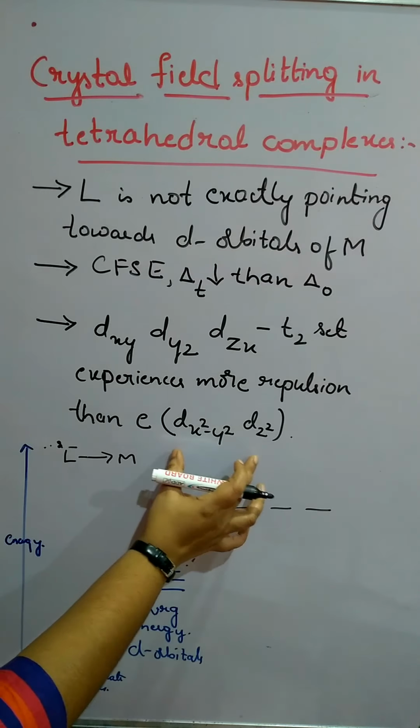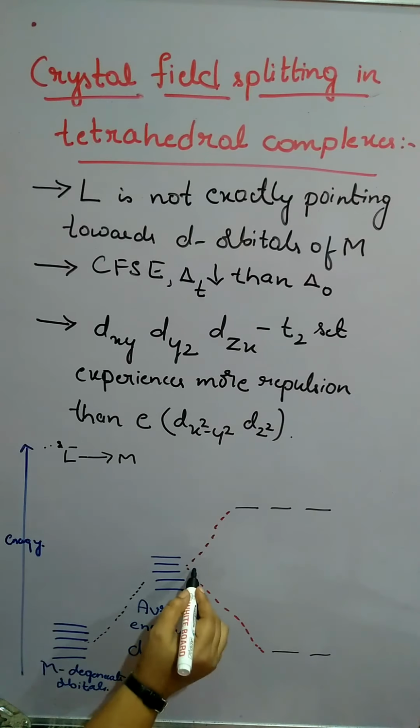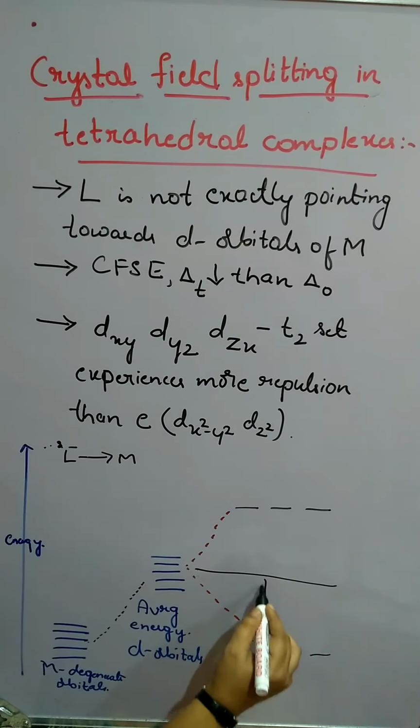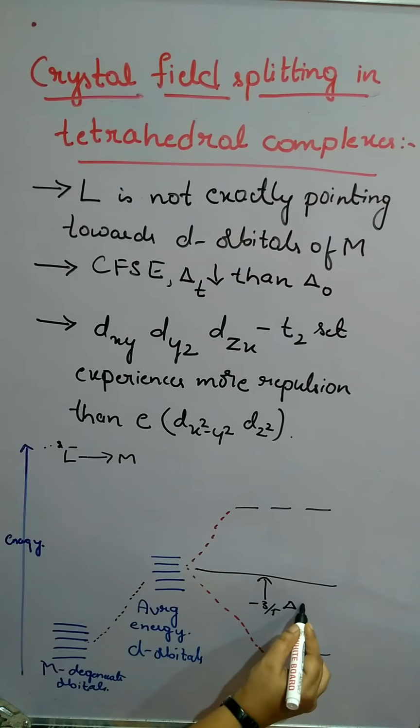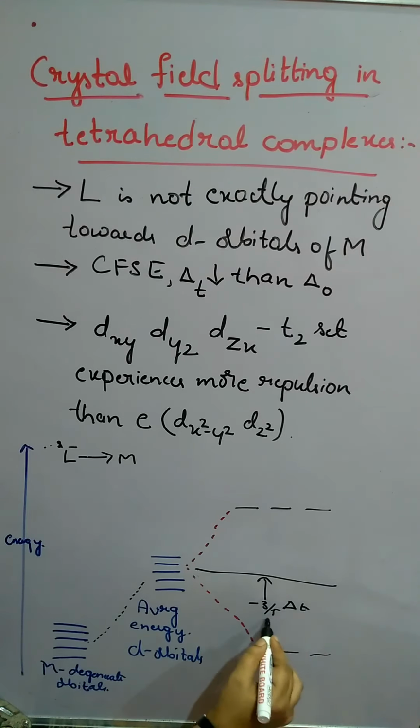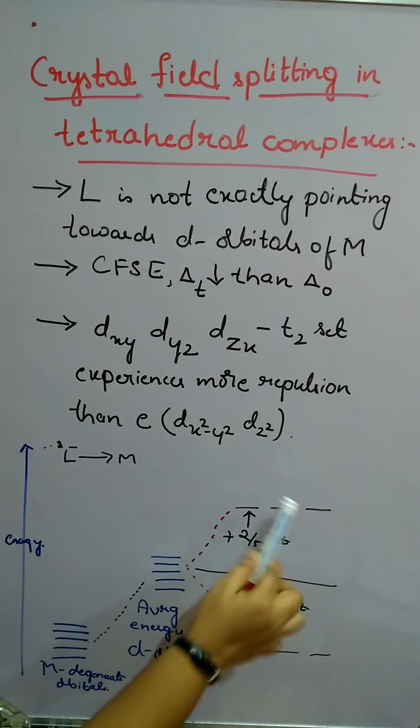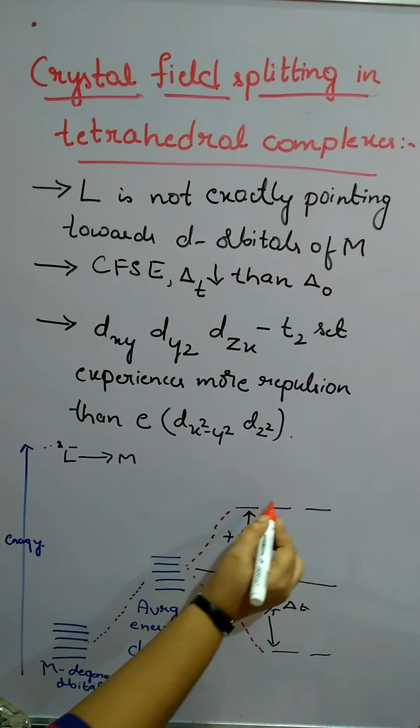With how much energy is it going to decrease? It is going to decrease by minus 3 by 5 delta T, and these are increased by plus 2 by 5 delta T. We call these orbitals, that is dxy, dyz and dzx, the T2 set, and dx square minus y square and dz square the E set.